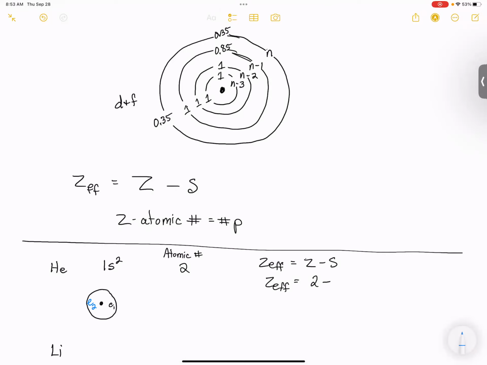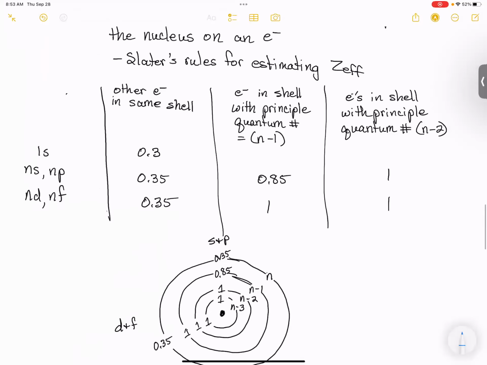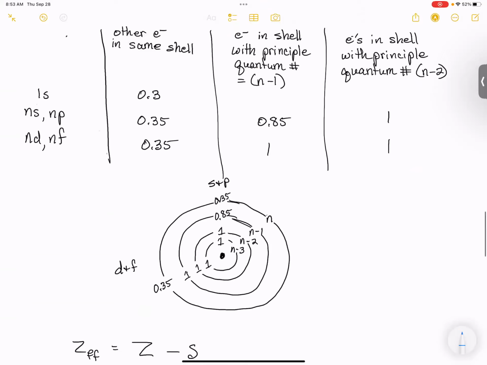So we're calculating the S for electron 2. Now, according to that table I gave you, for the 1s, it's a 0.3.